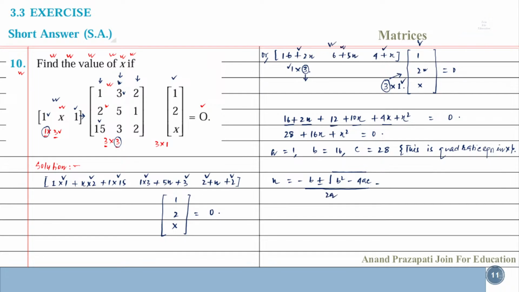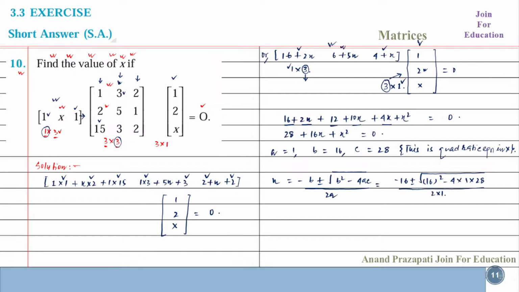After putting the values of a, b, c, here will be minus 16 plus minus root of 16 square minus 4 into 1 into 28, over 2 into 1.